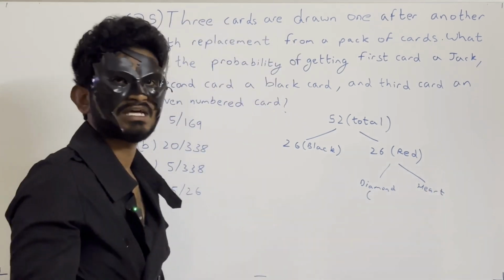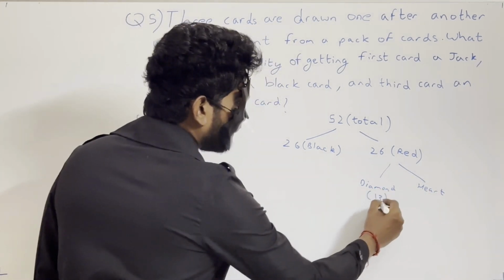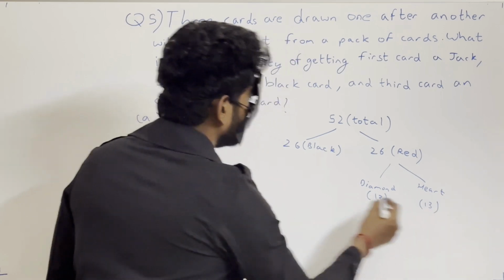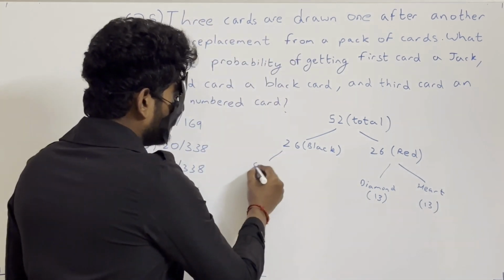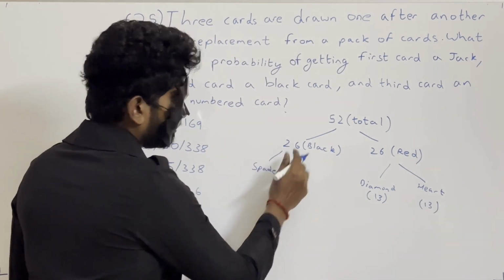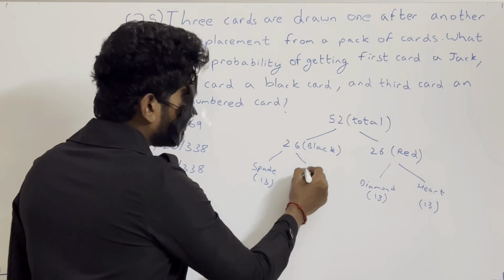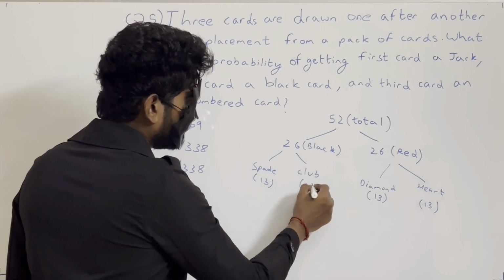So there are 13 cards having the diamond symbol, and in hearts there will be 13 cards. And in the black cards, the number of spade cards will be 13, and the number of club cards will also be 13.